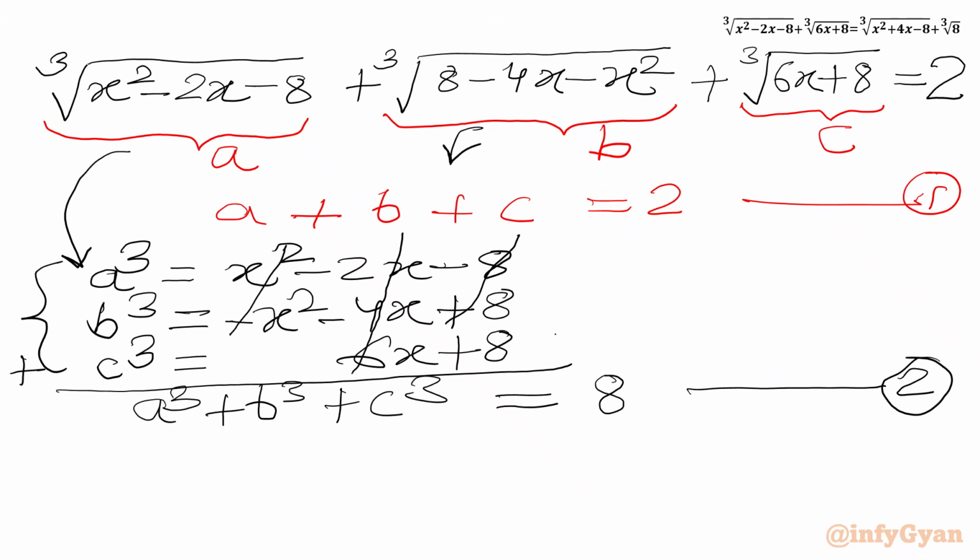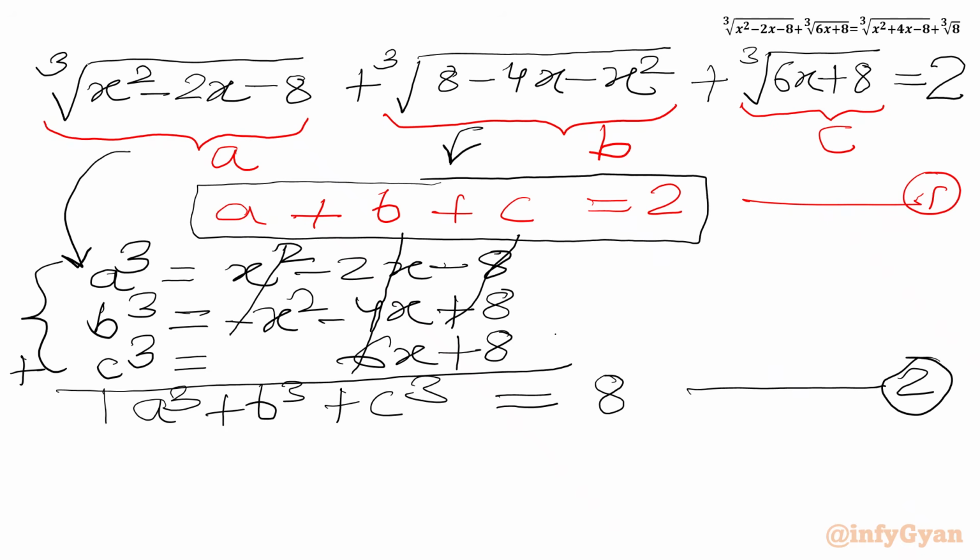So we have one new system here. a plus b plus c is 2, our equation number 1. And a cube plus b cube plus c cube equal to 8, our equation number 2. So let me write here our first equation a plus b plus c equal to 2.